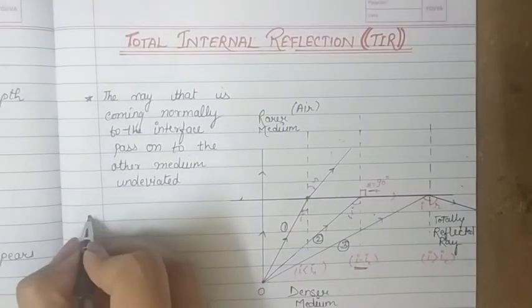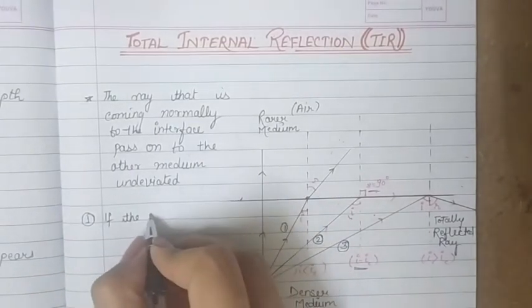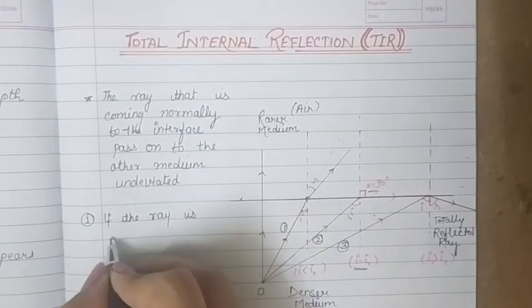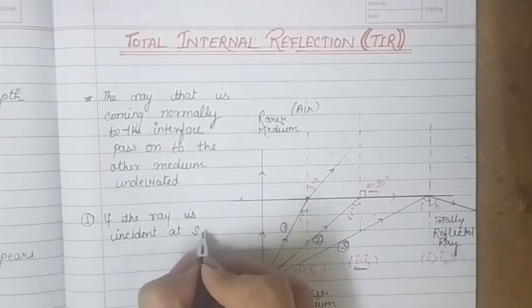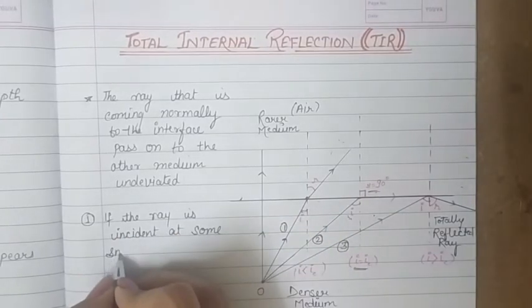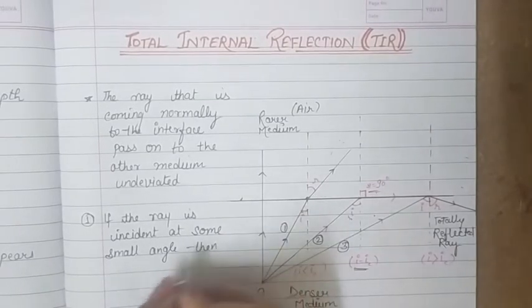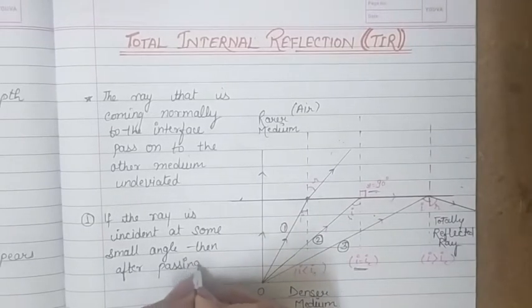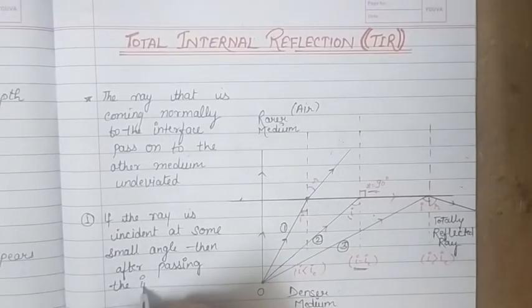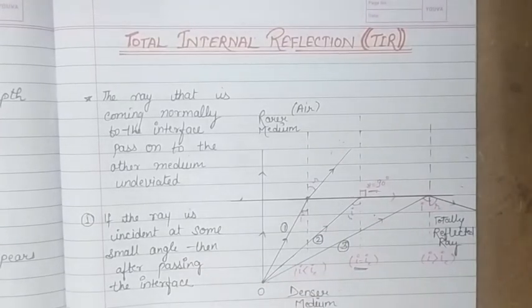So for the ray 1, if the ray is incident at some small angle I, then after passing the interface, since it is passing from denser medium to rare medium, that's why it bends away from the normal and shows a refraction.